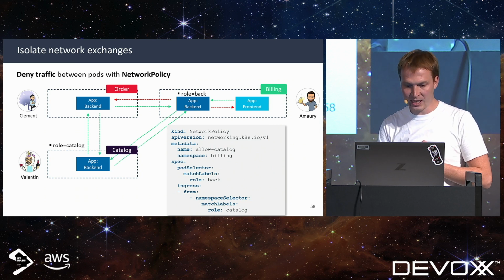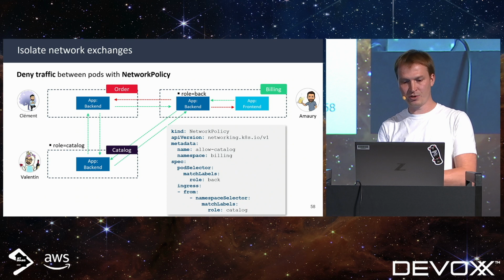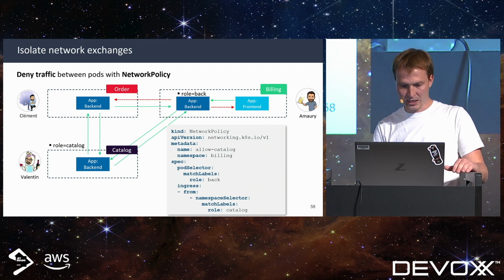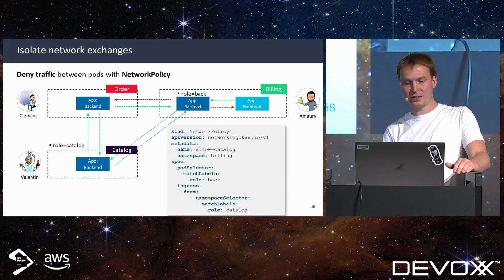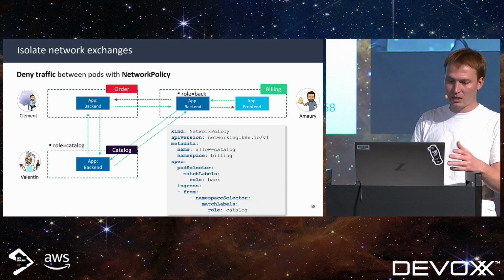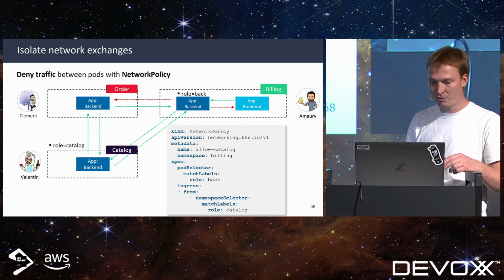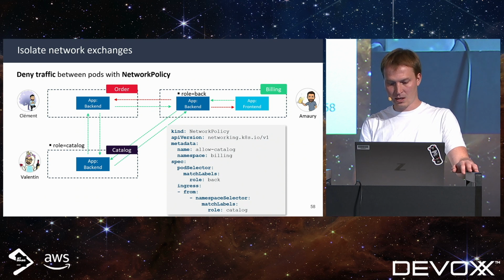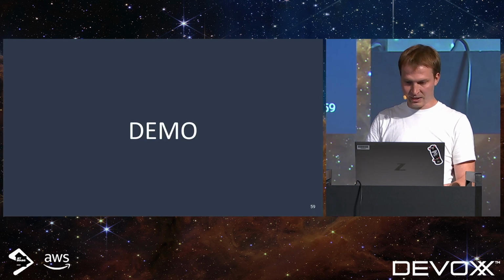And we are doing that by using another network policy. Here's the difference on the ingress: you can see that the from is using a namespace selector. That means all the pods that are in the catalog namespace will have access to my pod in the billing namespace. And I will show you this in the demo.